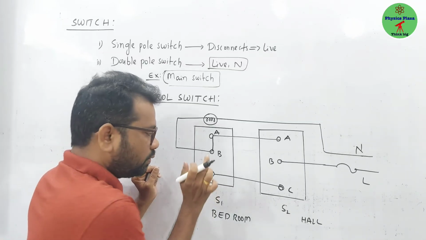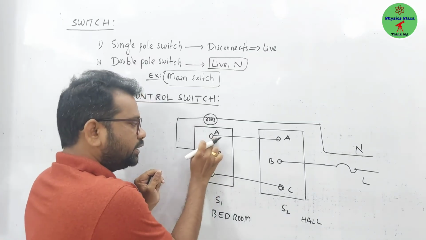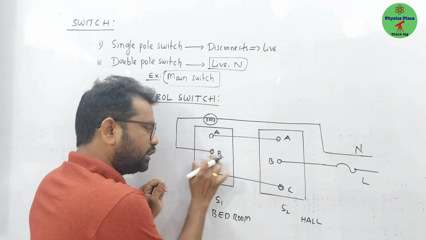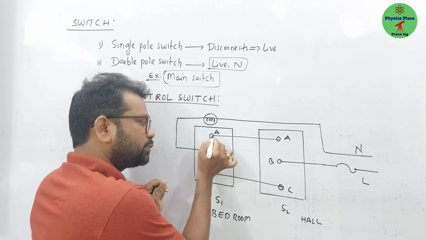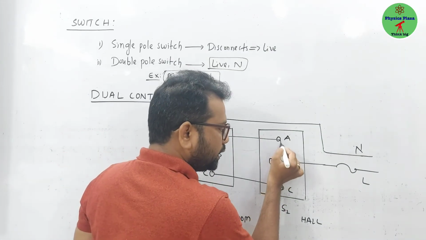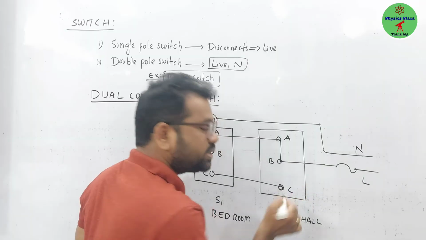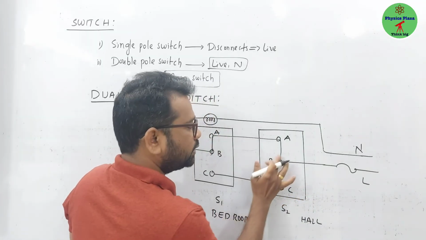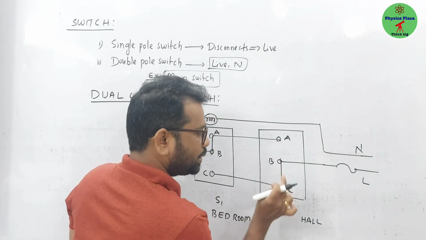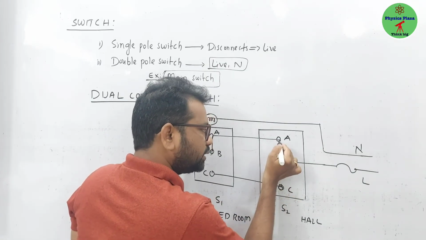For example, when I tap this, it may get disconnected and this may get connected. If I tap this, it may get disconnected and this may get connected. So that will be the default. And here also, either AB or BC are connected. When I tap this, this will get disconnected and this will get connected.